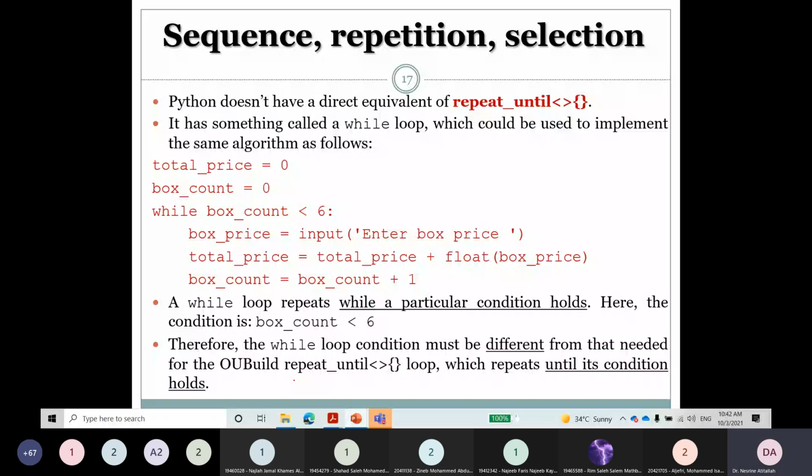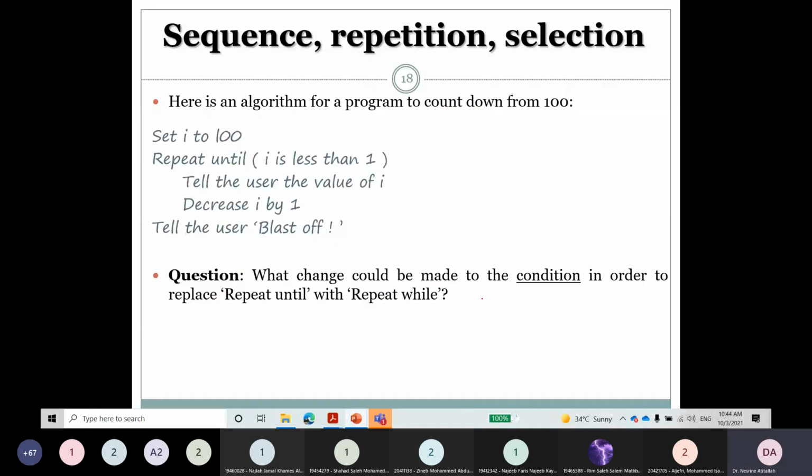Now here we have used repeat until I less than 1. I need to use repeat while, like in Python. So how can we change the condition here? Give me your answers.